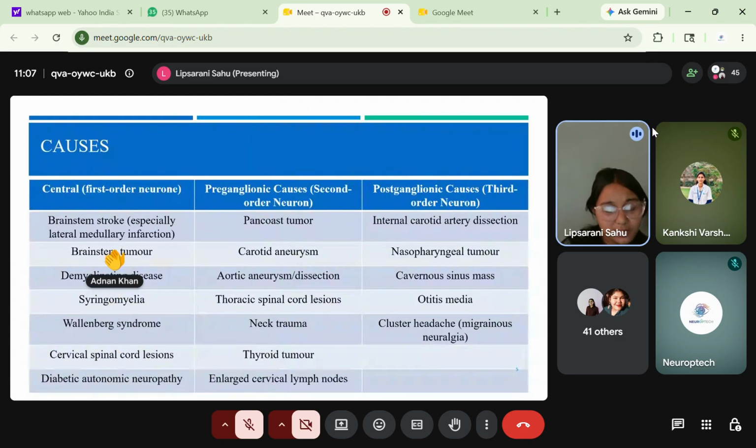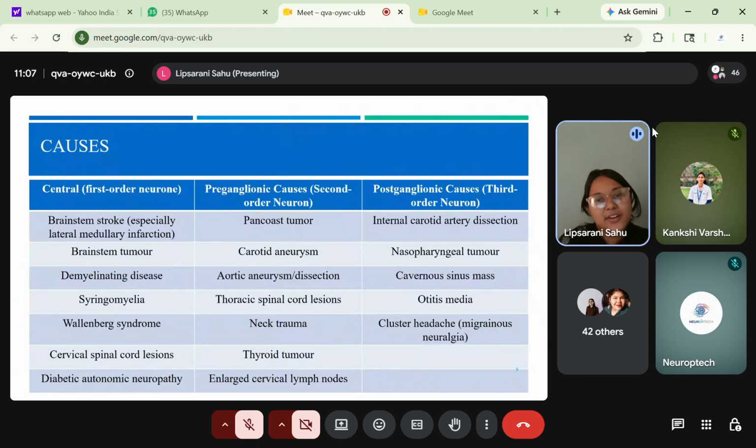So the causes of Horner syndrome include the following. First order neuron causes include brainstem stroke, especially lateral medullary infarction, brainstem tumor, demyelinating disease, syringomyelia, which is nothing but a fluid-filled cyst in the spinal cord, Wallenberg syndrome, cervical spinal cord lesion, and diabetic autonomic neuropathy.